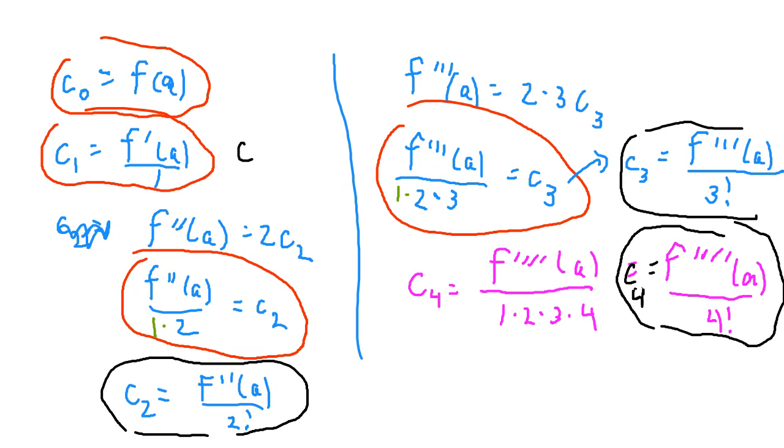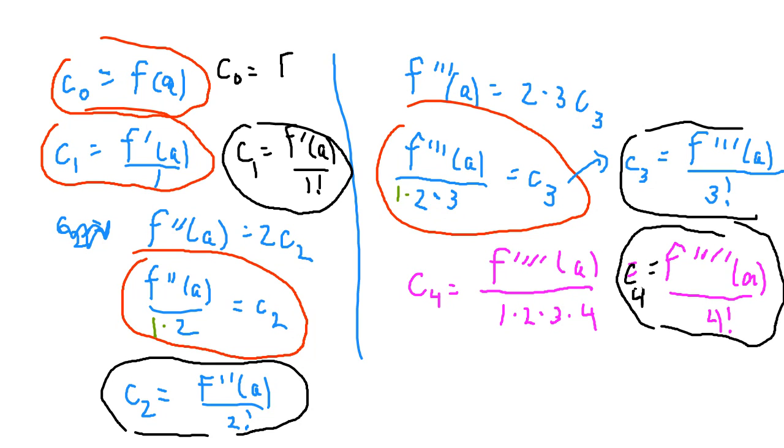And C1 is f prime of a over 1 factorial. 1 is equal to 1 factorial. And C sub 0, by the way, is f of a over 0 factorial. 0 factorial equals 1.